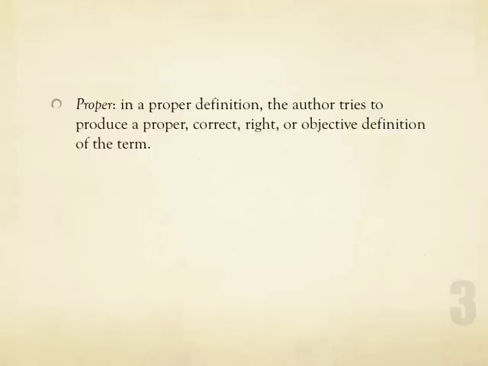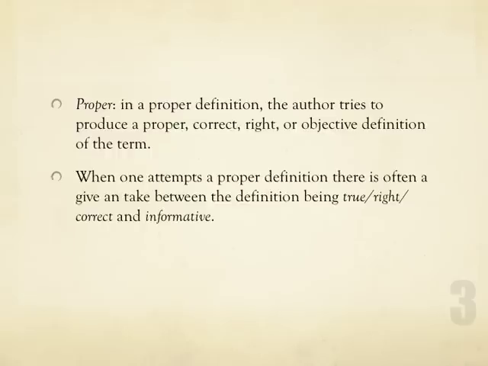We're trying to come up with the correct or the right, or what I say, the proper definition, the objective definition of the term. And there's going to be an interplay here. There's going to be a give and take between when a definition is informative and when it is correct. So a proper definition can be really informative, but it's not necessarily right.